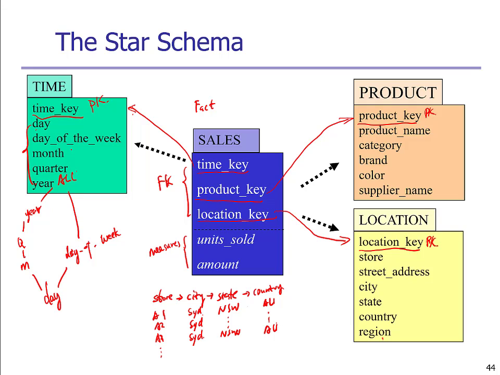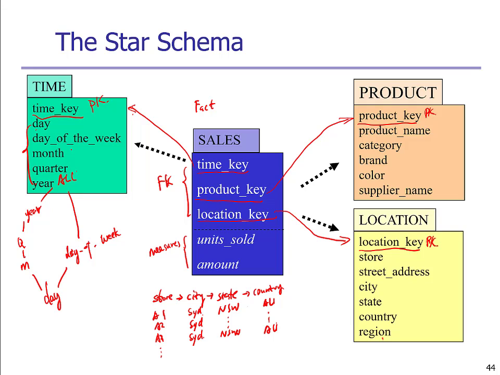So the idea here is that, in fact, this kind of table we can further decompose, or do normalization on it, because we know that as long as the city is Sydney, the state should be NSW and the country should be Australia.